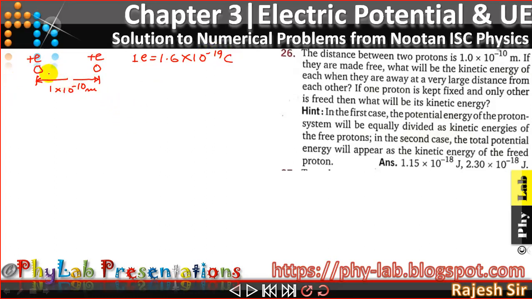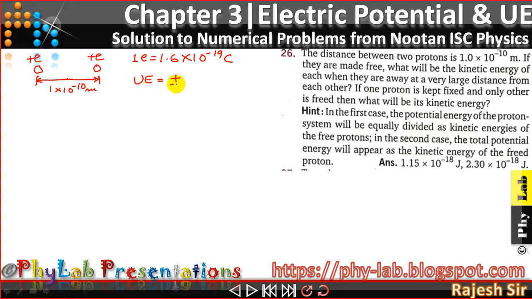Now whenever two charges are separated by a certain distance, they possess electrostatic potential energy. So these two protons will be possessing electrostatic potential energy. So what will be the electrostatic potential energy between two charges?